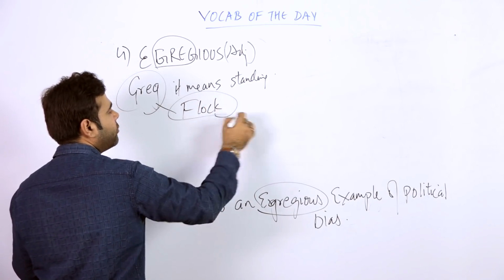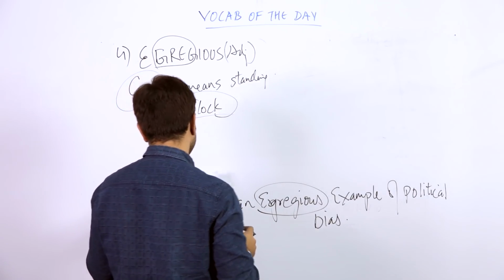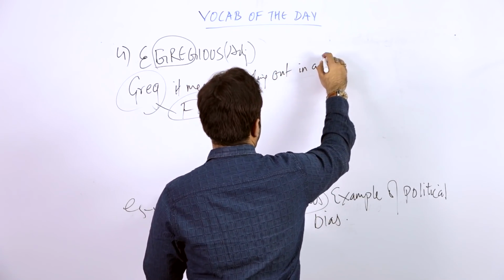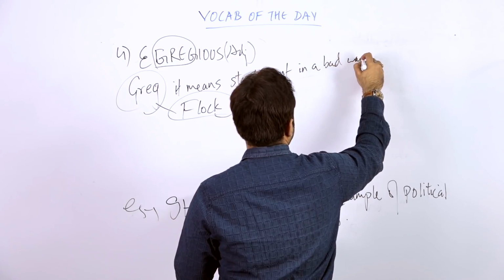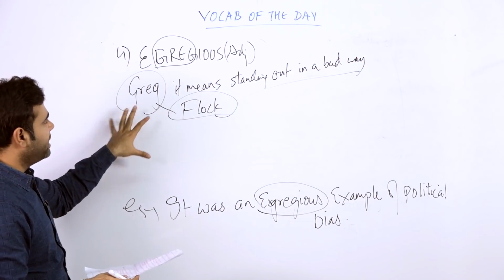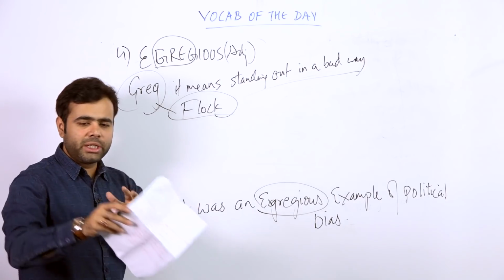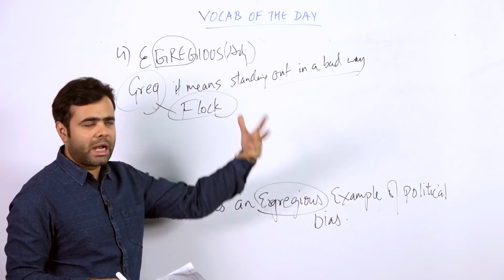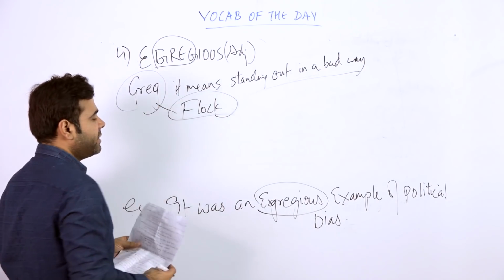If you have heard the word flock, this is the word used for flock, and it means standing out in a bad way. Are you getting, students? It means to stand out in a bad way, like to be apart from the crowd. Greg is related to flock. So egregious is a word where we have used this.